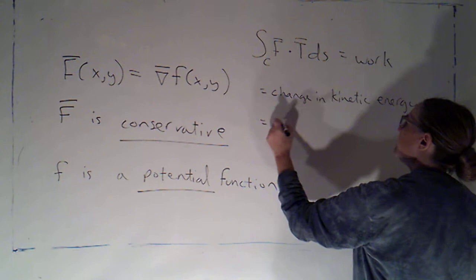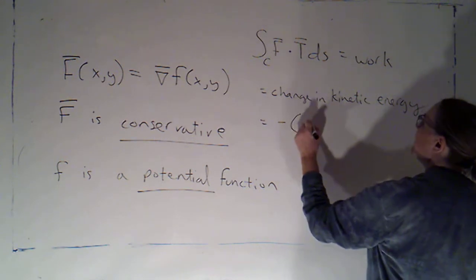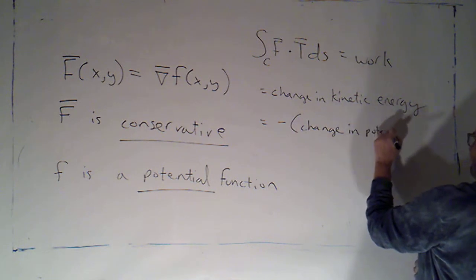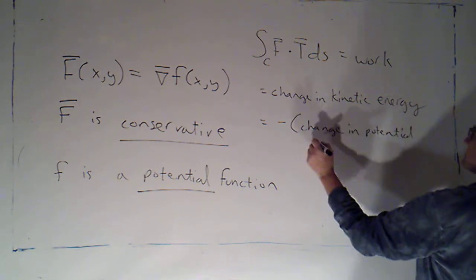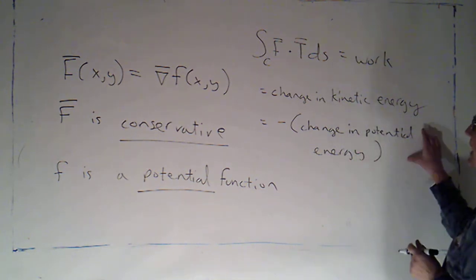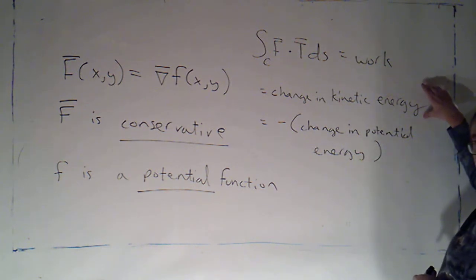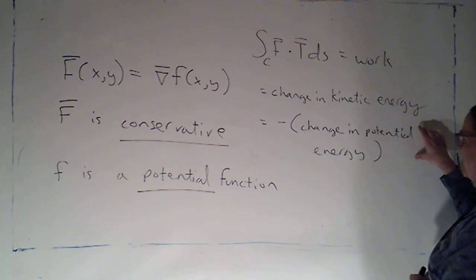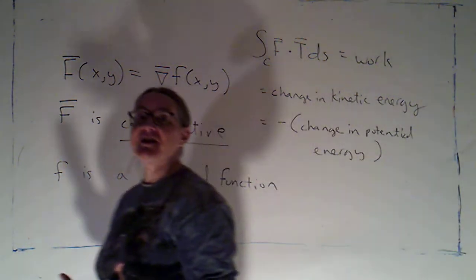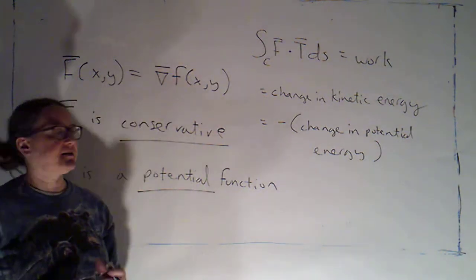It can also be defined as the opposite of the change in potential energy. And the fact that the change in kinetic energy is the opposite of the change in potential energy is simply a way of saying that energy is one of these conserved quantities.